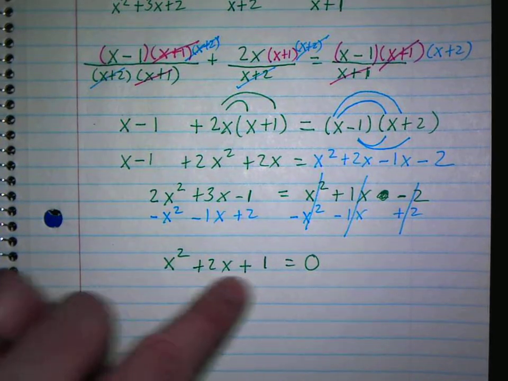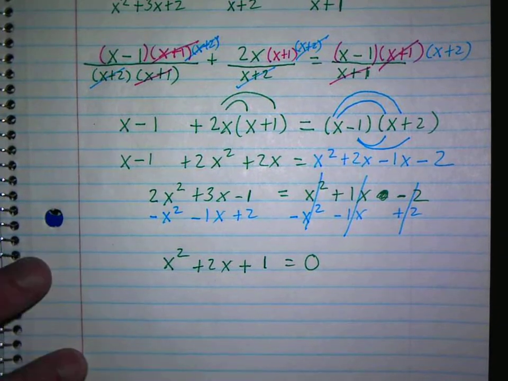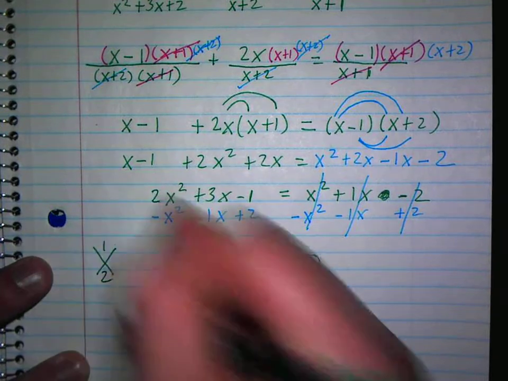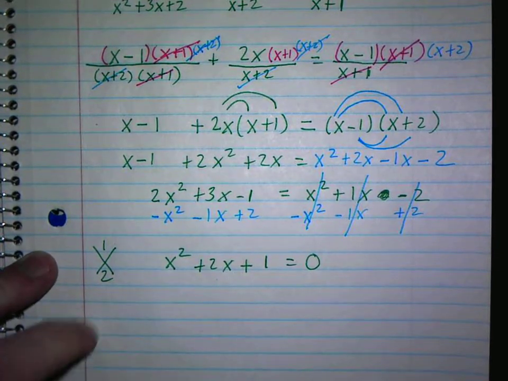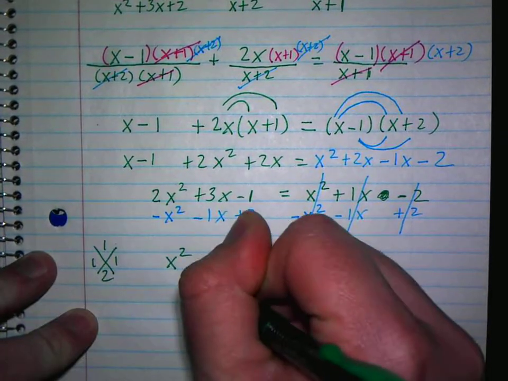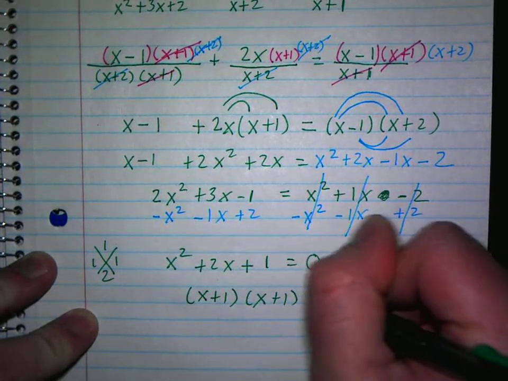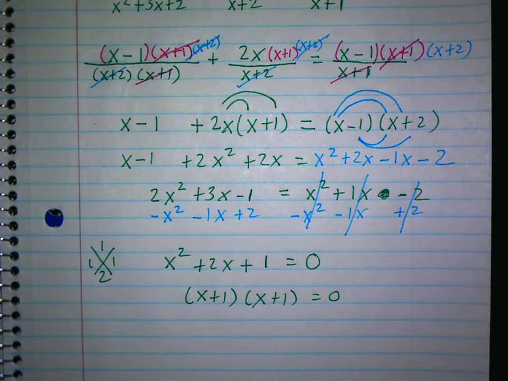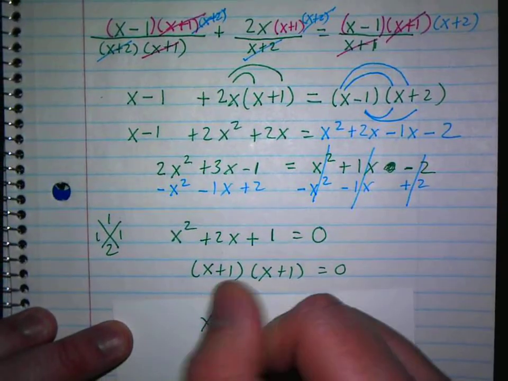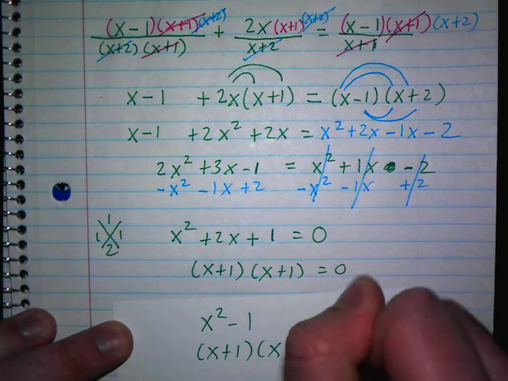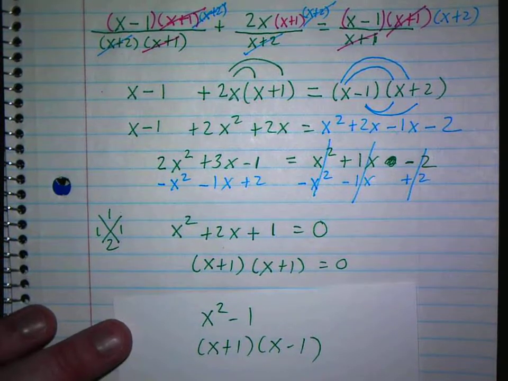How does this factor? Close. We need two numbers that multiply to 1, but add to 2. 1 and 1, right? And so the solution would be, if it was x squared minus 1, you're thinking of that factors into x plus 1, x minus 1, right?